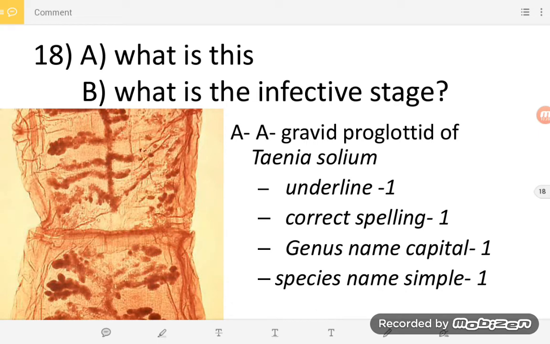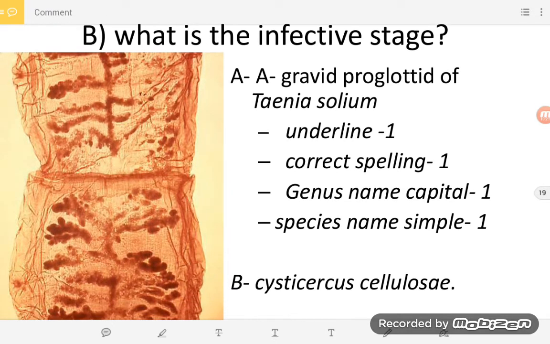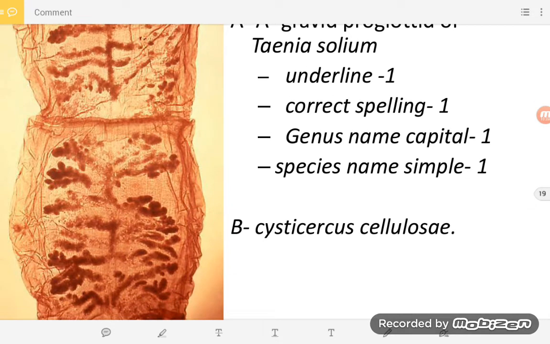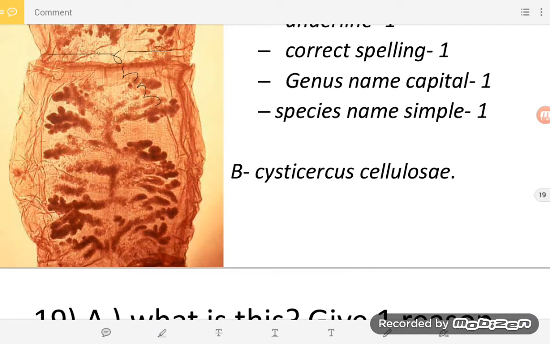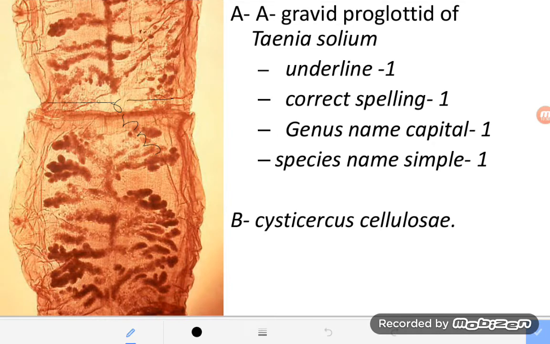What is this? What is the infective stage? We already discussed this: the gravid proglottid of Taenia solium. Here you can see this is 6 millimeter, and this one is 12 millimeter.